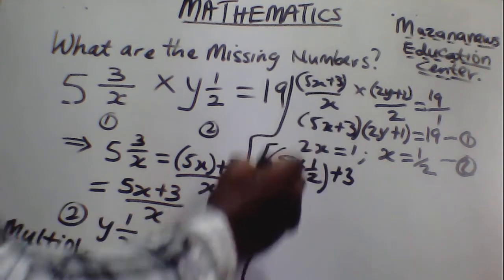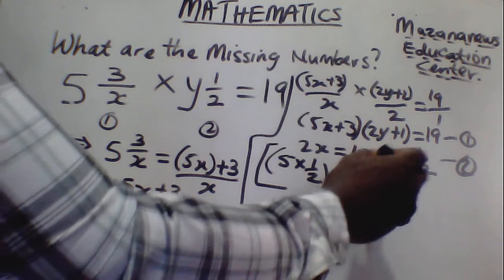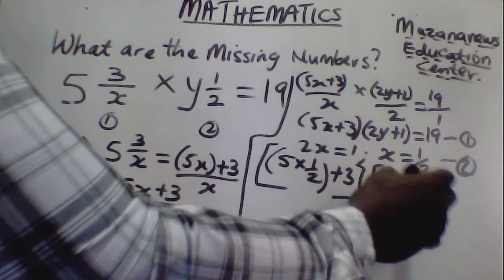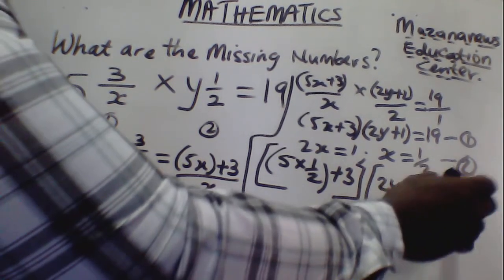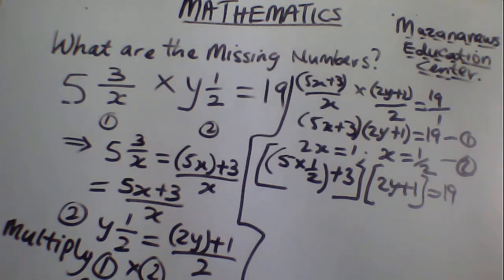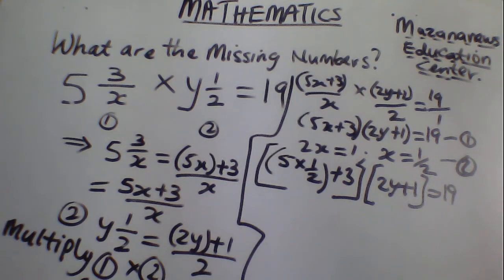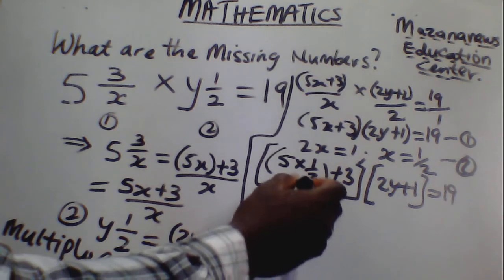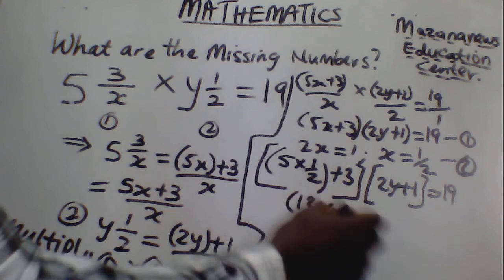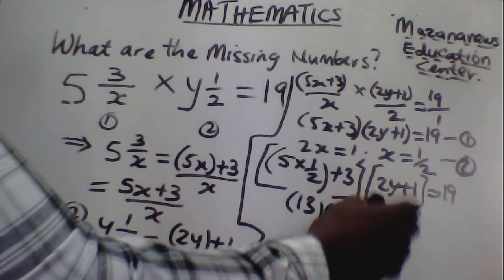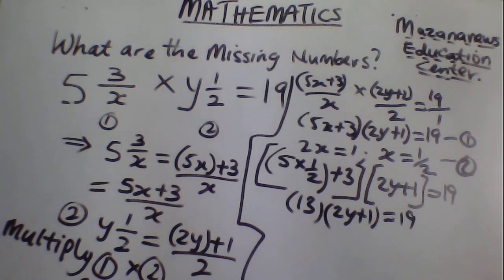Put a big bracket, in bracket 2y plus 1 is equal to now 19. So here 2 times 5 will give us 10 plus 3 will give us 13. In bracket 2y plus 1 is equal to 19.